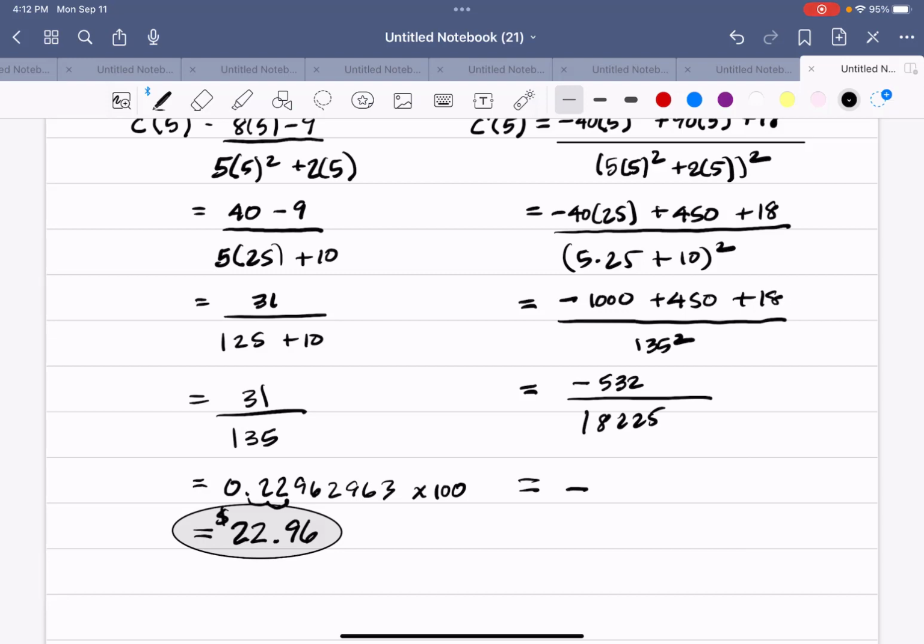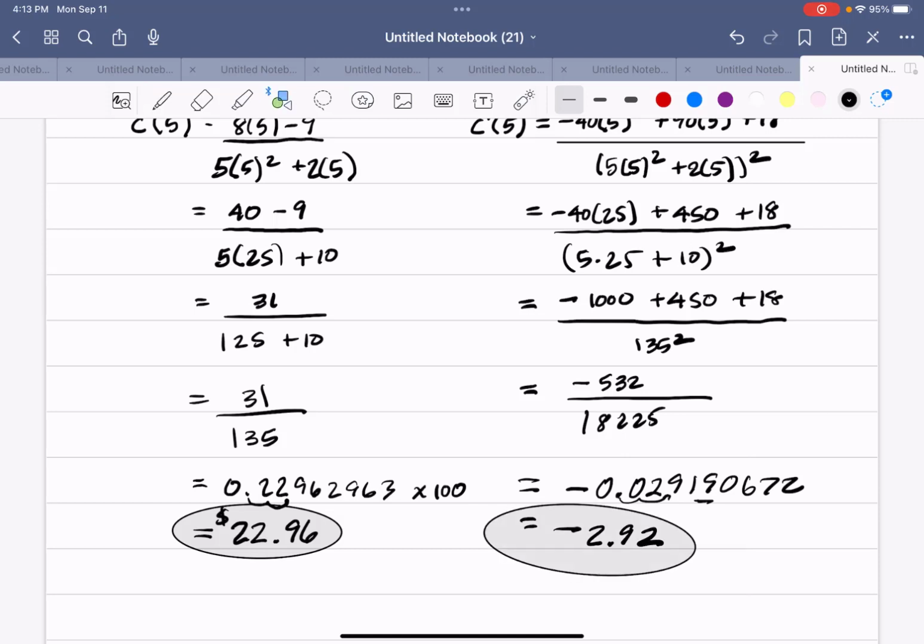It's negative 532 divided by 18225, which is negative 0.0291900672, multiplied by 100, and that's going to move this decimal 2 places. So minus 2.90, and look, that 9 goes up to 2. So this is the marginal average cost. We're going to have to interpret this in the context of the problem.